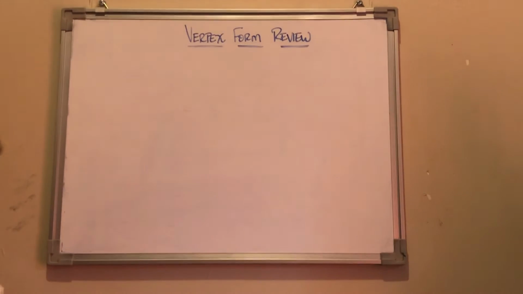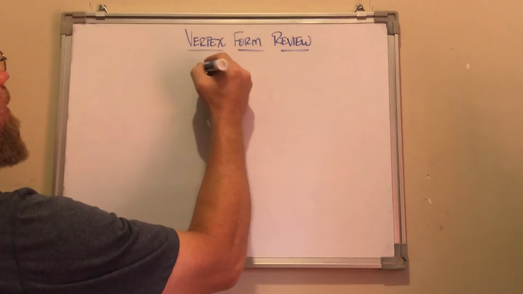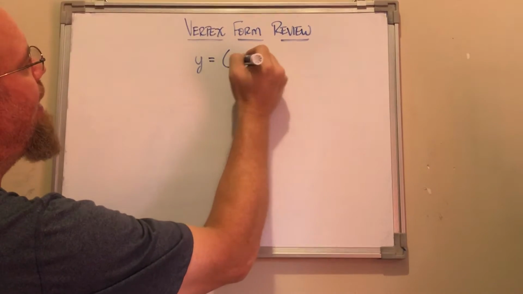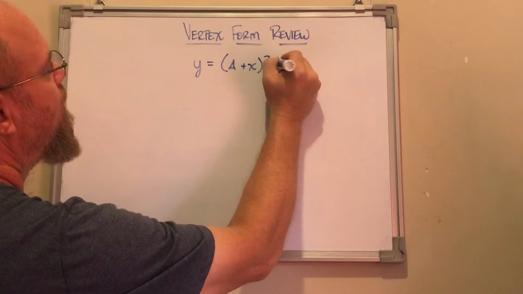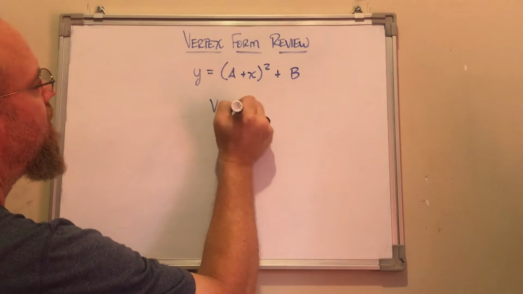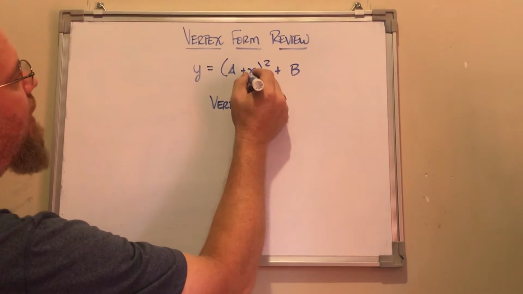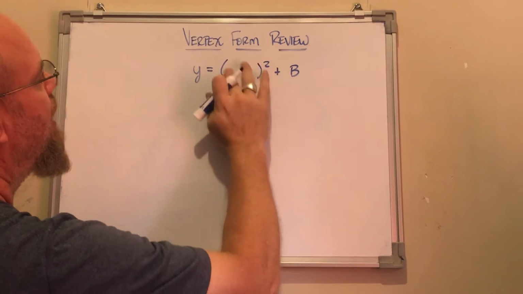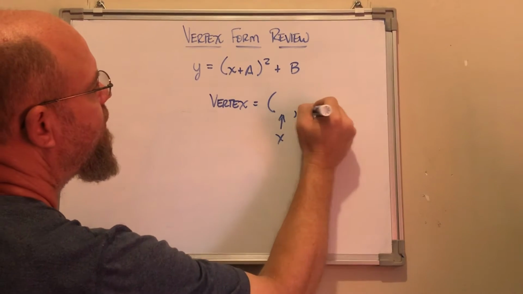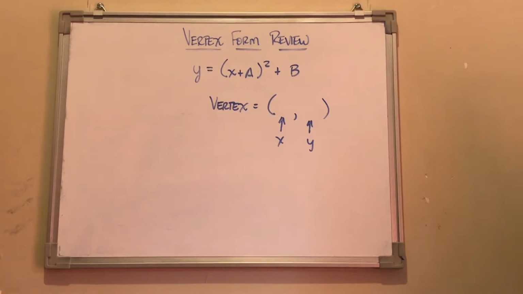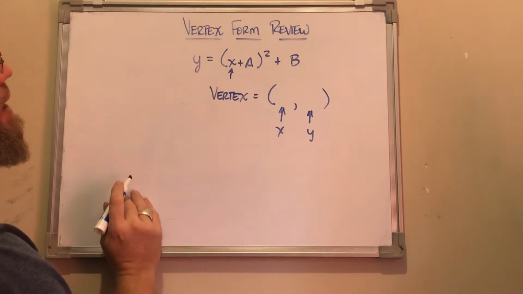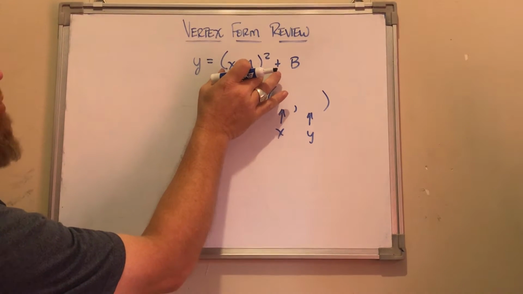Okay? So if you remember, the vertex form will take on the look of y equals a times (x plus b) squared plus c, where the vertex is... the x value of the vertex is whatever value x will be to make this binomial equal 0.